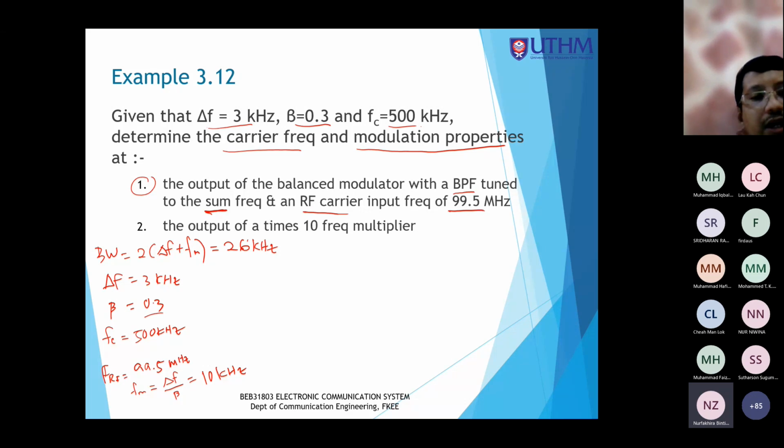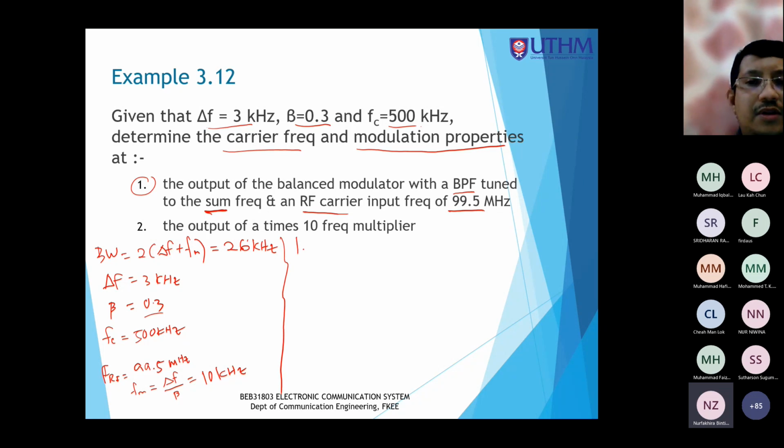Okay, so now I have all the input modulation parameters. So if I want to do question number 1, I can determine FC out. FC out is equal to FC in plus FRF, because we are going to take the upper frequency.